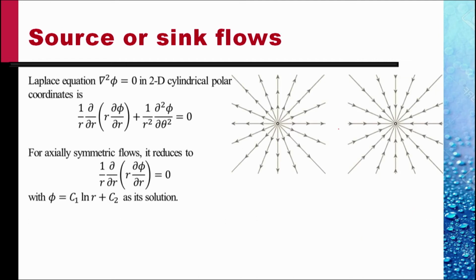The next flow we take up is the source or the sink flow. Laplace equation del square phi is equal to 0 in 2-dimensional cylindrical polar coordinates is 1 over r del by del r of r del phi by del r plus 1 over r square del square phi by del theta square is equal to 0.